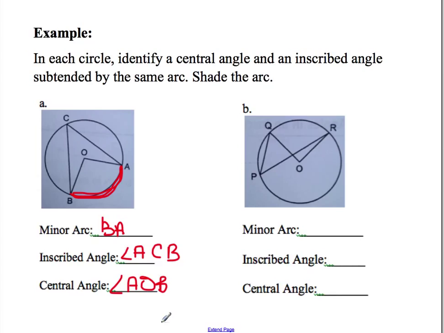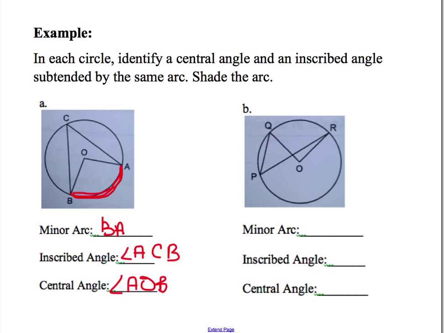If you ever get stuck, go to the center and draw the two lines. Okay, well that must be your arc, right? Because that's the only place where it starts and finishes. Now, I'm going to erase this, and I'm going to see if I can flip this one.